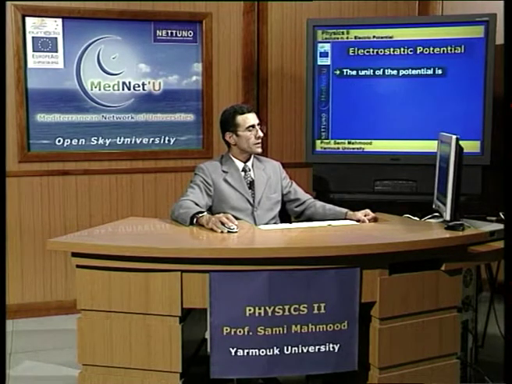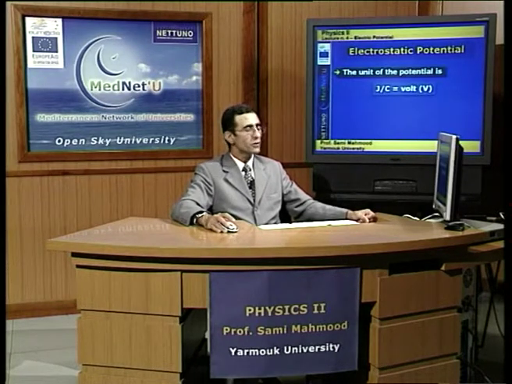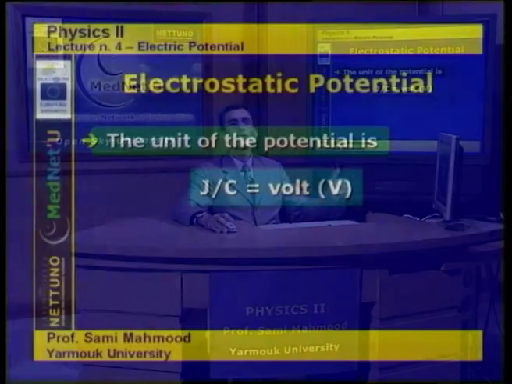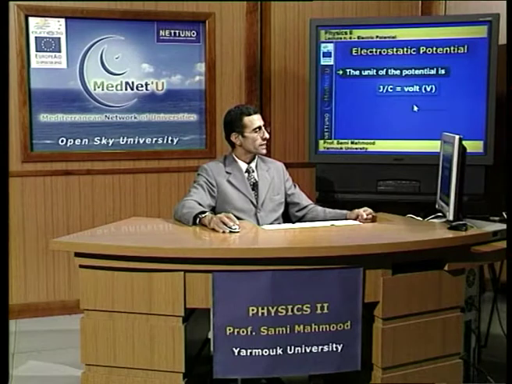And the units involved in these definitions are as follows. The unit of the potential is simply joule per coulomb, because it's energy divided by charge. And this unit is called the volt, after the important scientist Volta in this field of electricity.